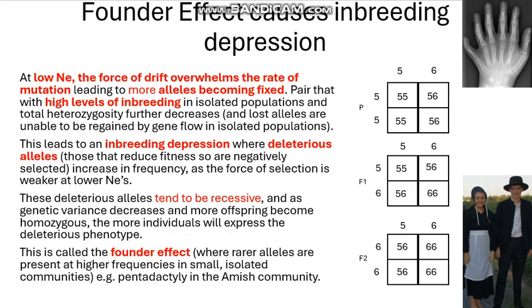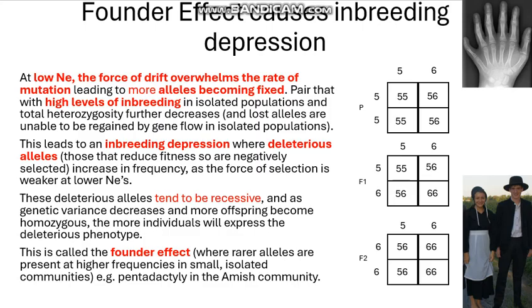So at first, it's not really a problem. The heterozygote carrier is going to breed with a normal homozygote, and 50% of their offspring are going to be normal homozygotes, but 50% of their offspring are then going to be carriers.